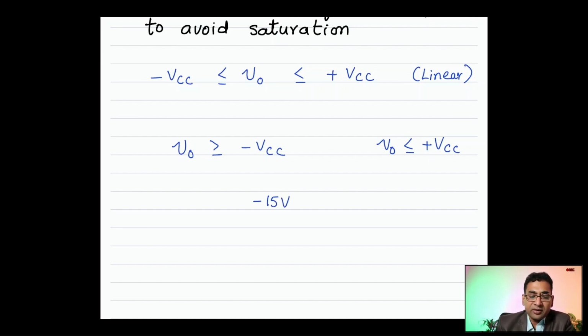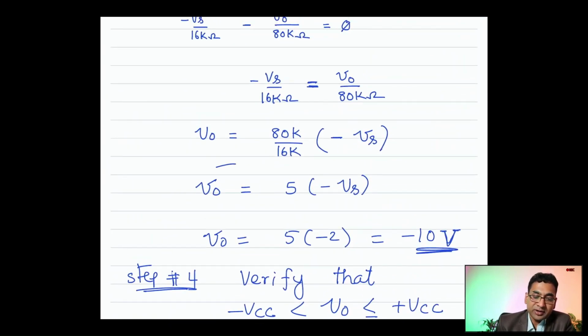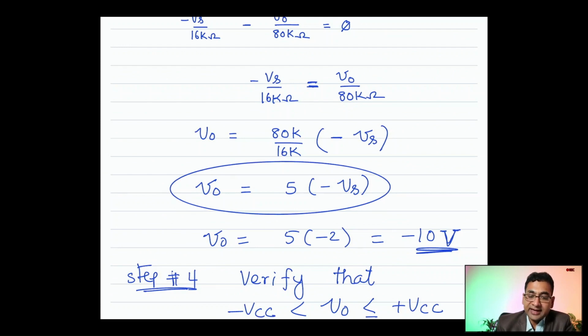And VO is of course negative Vs times 5. That's what we saw. So that's what I'm plugging in.